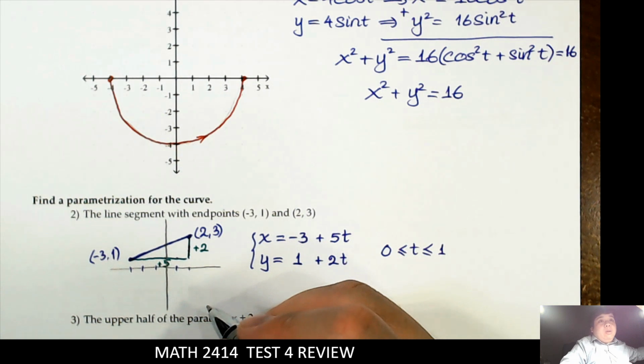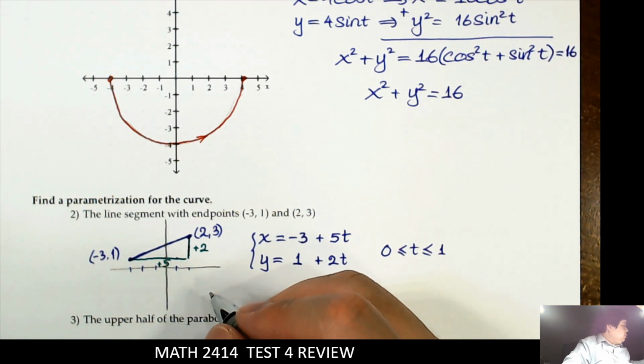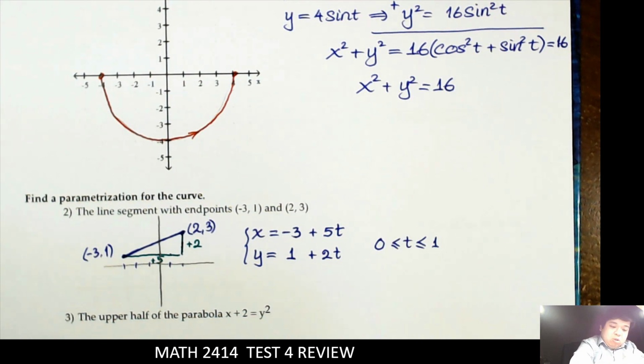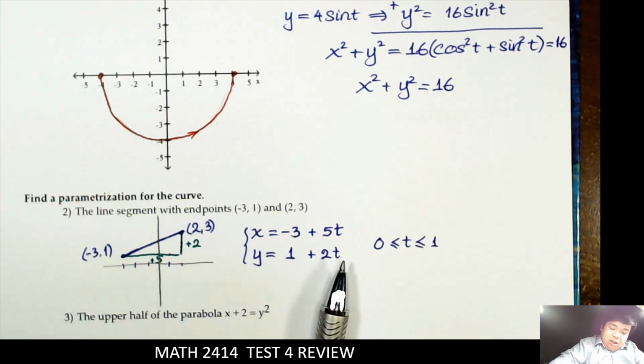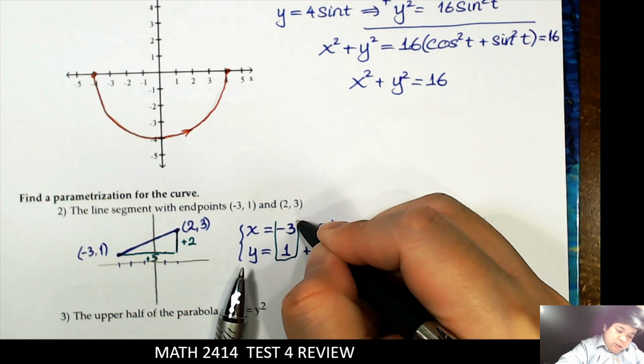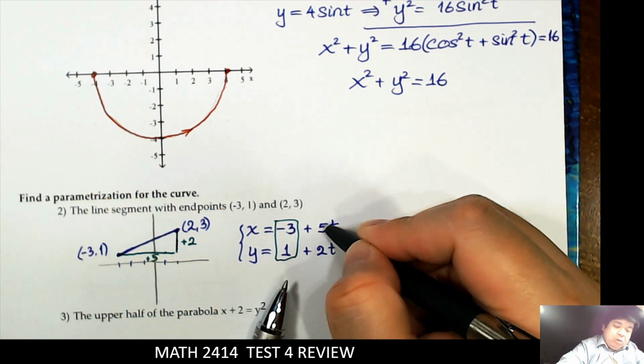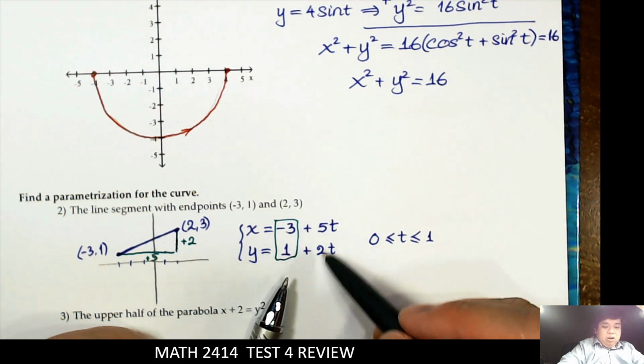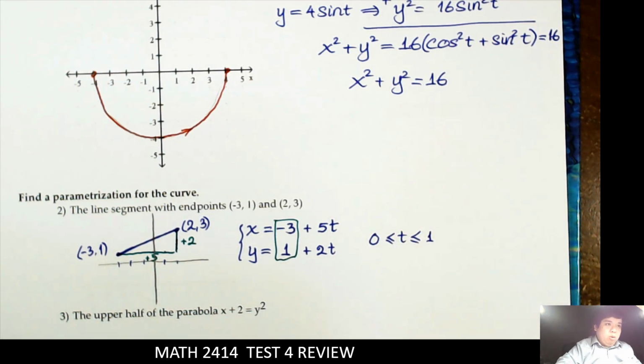So that's how we write the parametric equation. The answer might be different, but that's what we go with. This comes from the initial point, and this will be the change. We could choose a different rate or different t, but this is one way to do it.